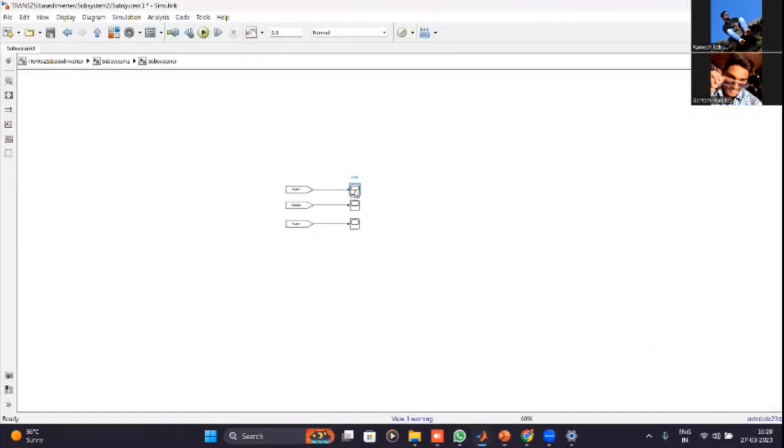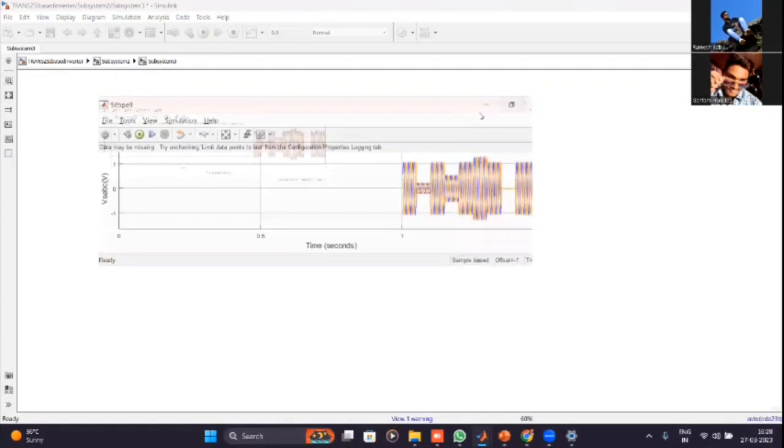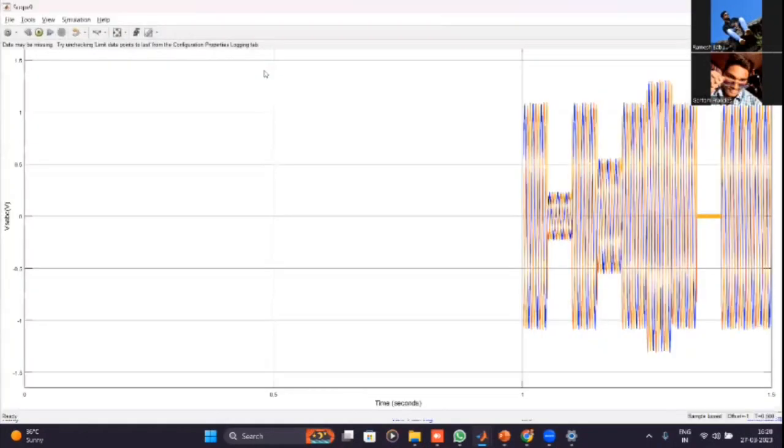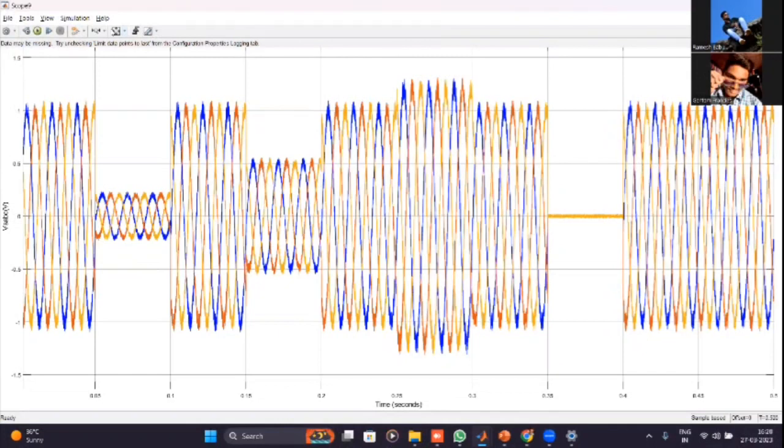This is the supply voltage. During 0.05 to 0.1, it is severe sag, and 0.15 to 0.2 is light sag, and 0.25 to 0.3 is severe sag, and 0.35 to 0.4 is interruption. We have concluded that this is similar to the theoretical values.